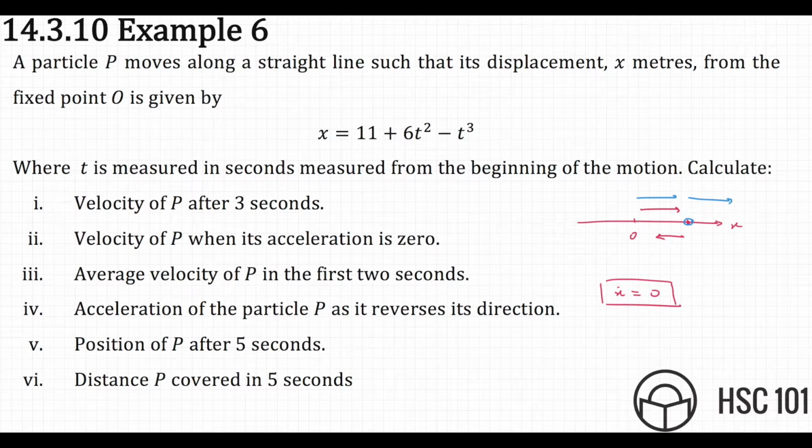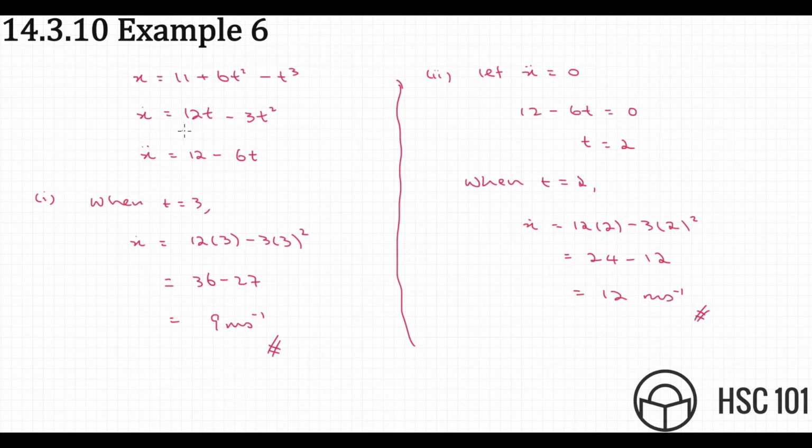So having said that, we know that x dot is given by 12t minus 3t squared. So using this, we can now come along. So this is part 4, right? We know that x dot equals 12t minus 3t squared. And we're going to let x dot equal 0 to see when the particle is at rest.